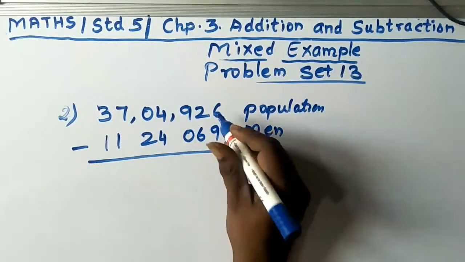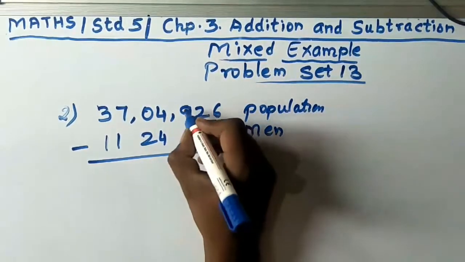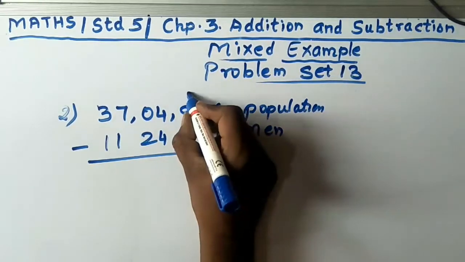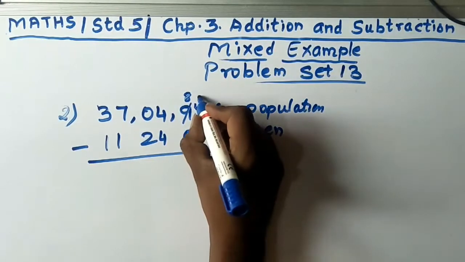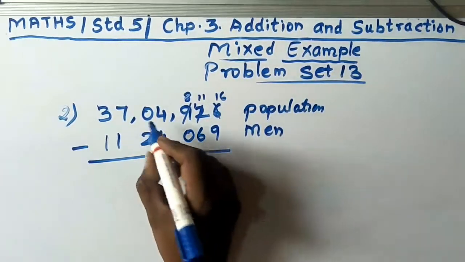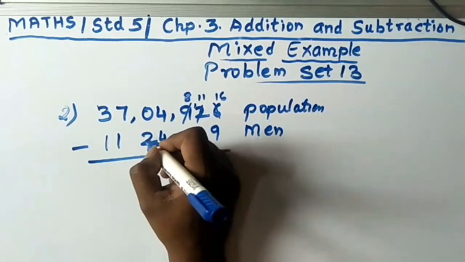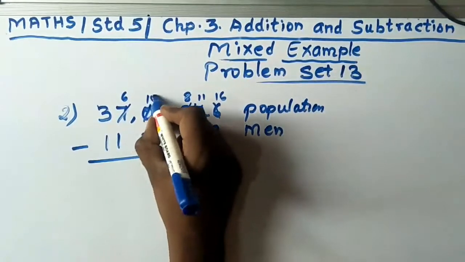6 minus 9, this will not go. I have to borrow from here. Here also I have to borrow from here. So this will become 8, this will become 12. I borrow, this will become 11, and this will become 16. 4 minus 4, it goes. 0 will not go in 2. So I borrow from here. This will become 10.